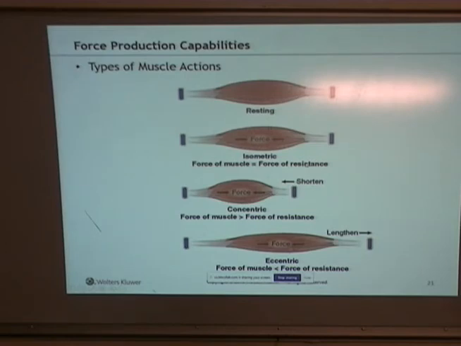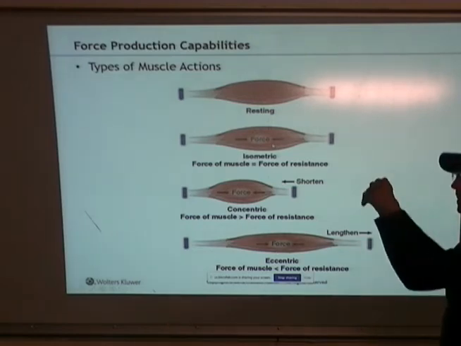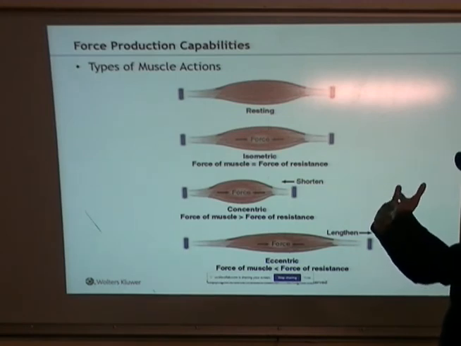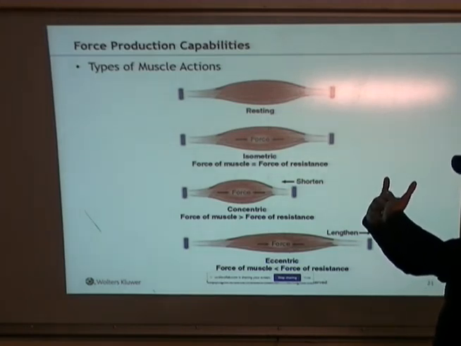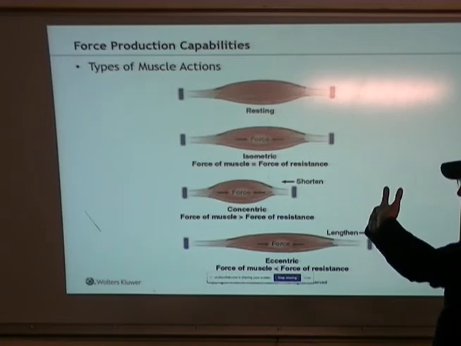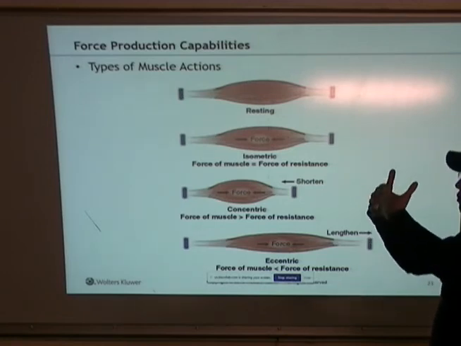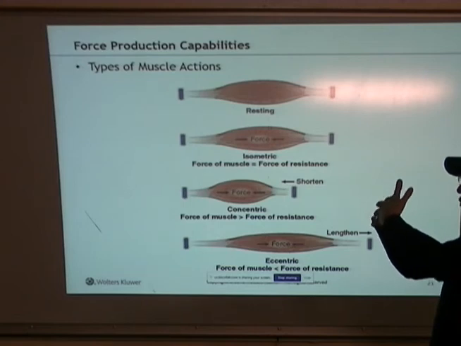Isometric actions are often used in rehab because if there has been surgery either at the tendon or at the bone or in the muscle itself, then I don't want movement, because I don't want to disturb the healing of the injury and the surgery. But I do want to keep having force production to keep the strength of the muscle up.